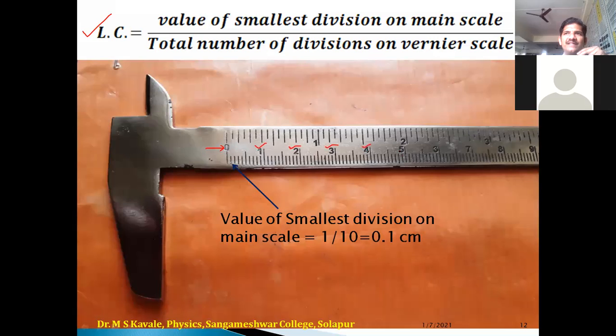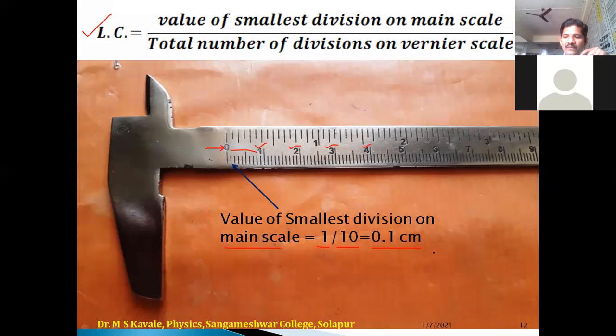These are the impressions of centimeter on this Vernier caliper. Between 0 to 1, we can observe 10 equal divisions. It means 1 centimeter is divided into 10 equal subdivisions. Therefore, the value of the smallest division on the main scale is equal to 0.1 centimeter, which is very similar to the smallest division on the main scale of a meter scale.